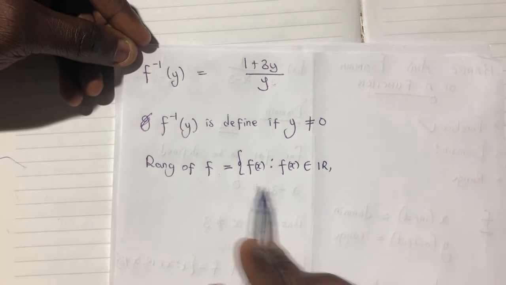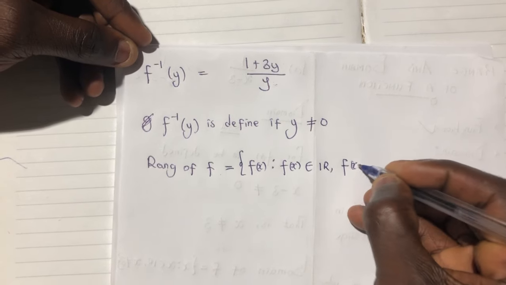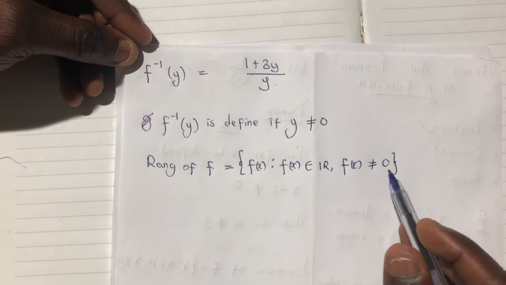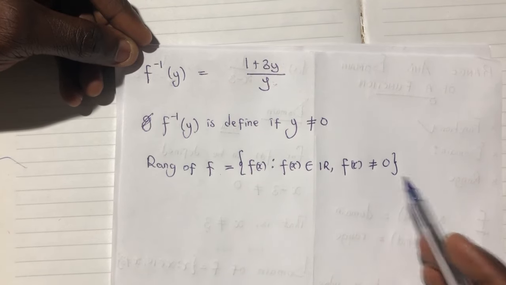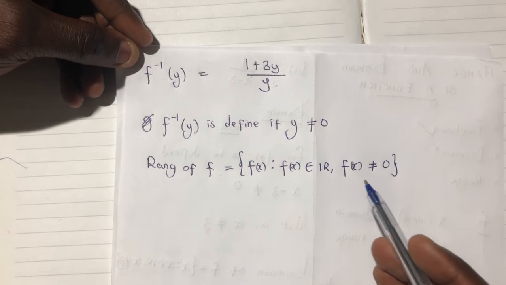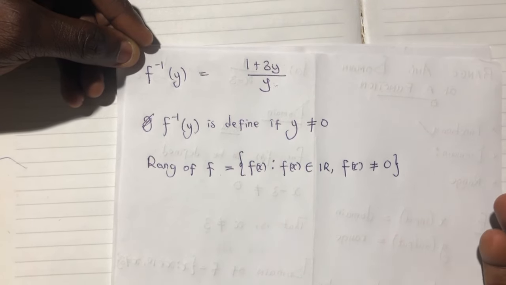The values are a member of all real numbers. F of x must not be equal to 0. This means that if it must not be equal to 0, then it must be equal to 1, it must be equal to 2, it must be equal to 3, it must be equal to 4, and any other real values will make the equation what? Defined.